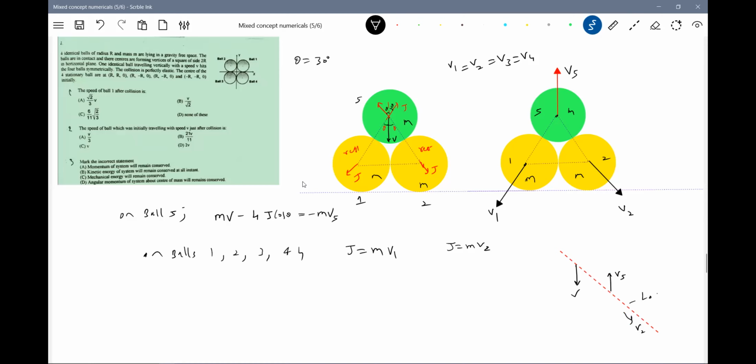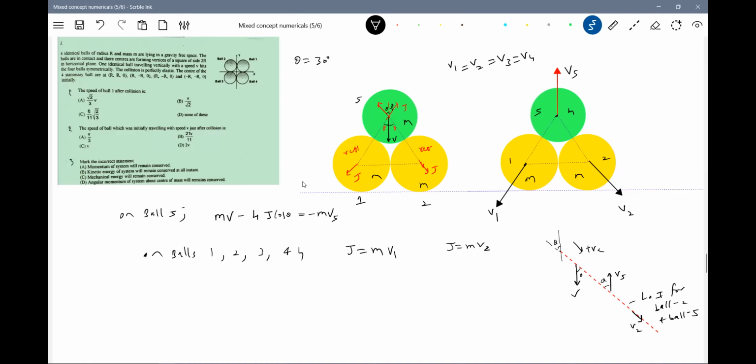So this is the line of impact for ball 2 and ball 5. And this direction, let me take positive. So what are the angles? How do we have to take it? I think this should be theta. This should be theta. This should be theta. This is directly along the line of impact here.